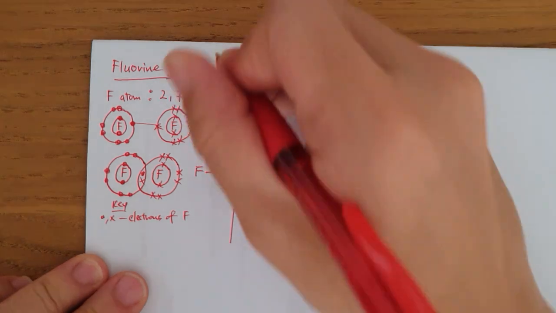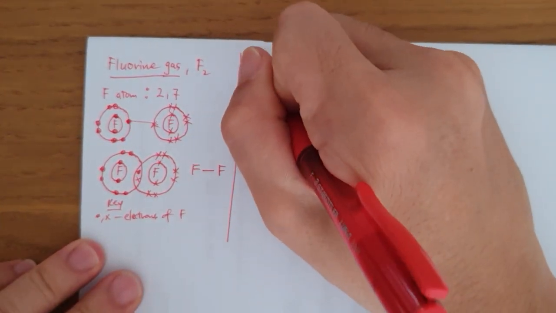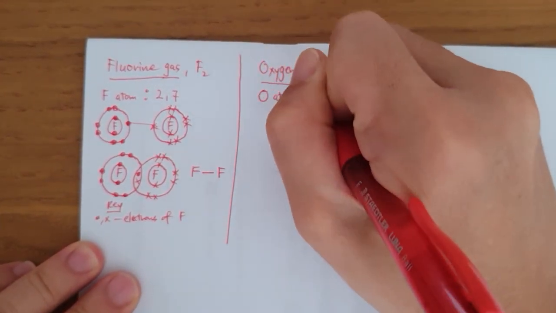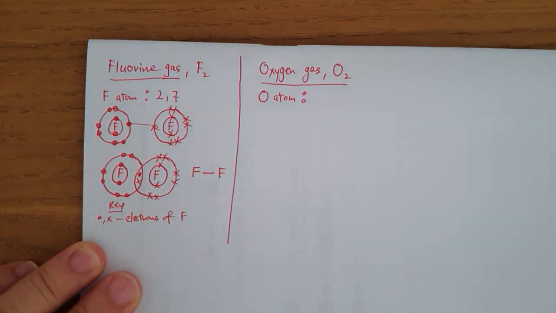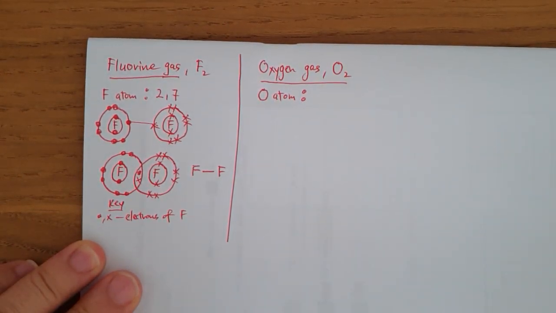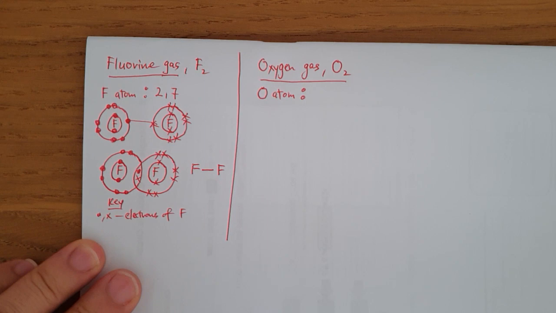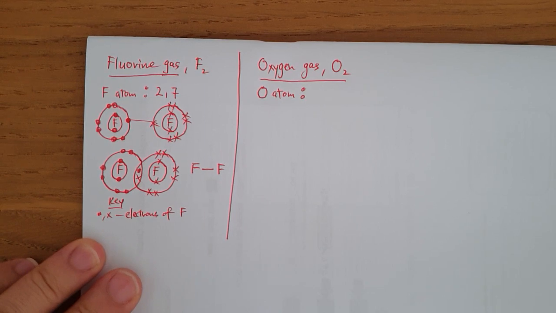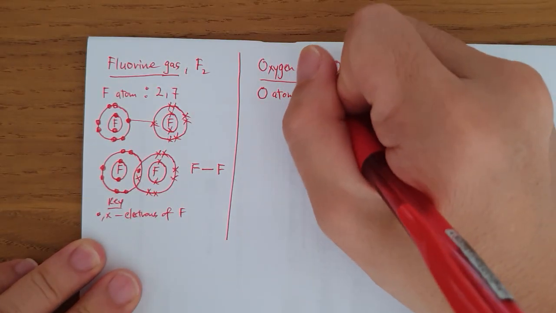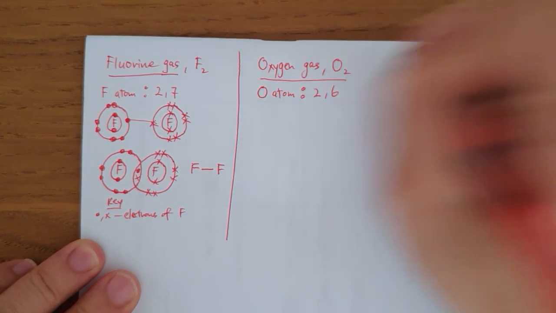So we start from your oxygen atom. For oxygen atom, go to a periodic table. You should find that oxygen has proton number 8. So therefore, it should have 8 electrons. The electron structure will be 2 6.